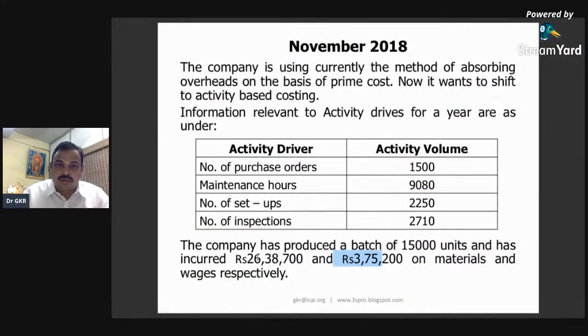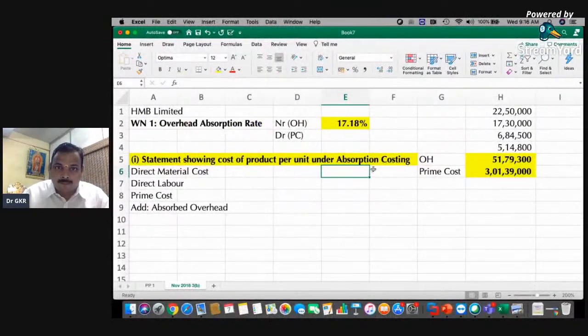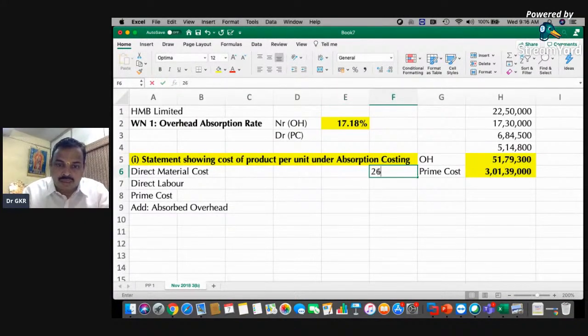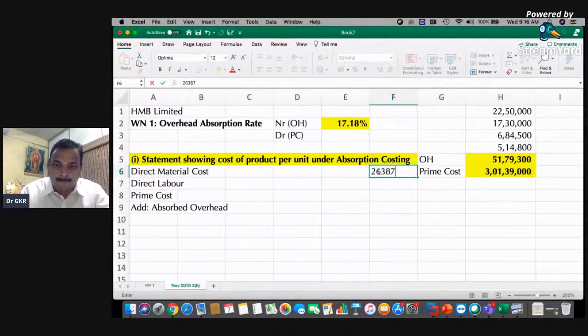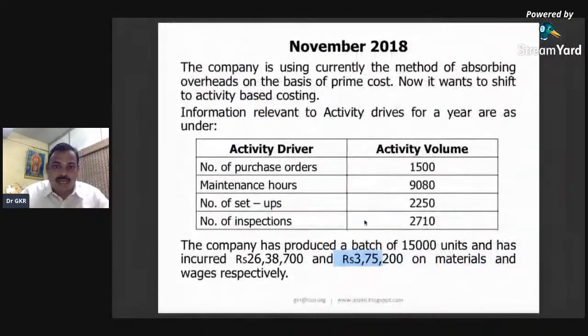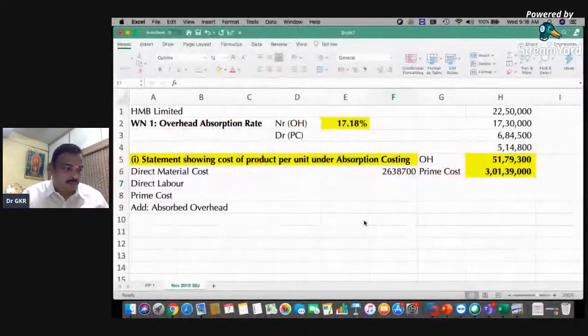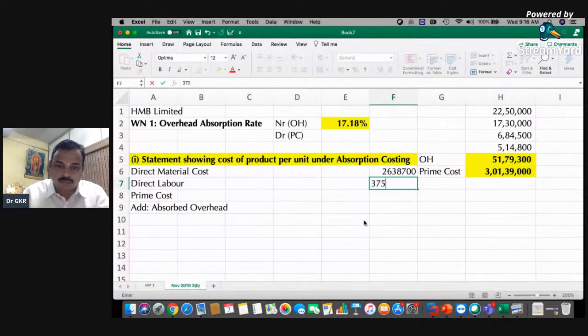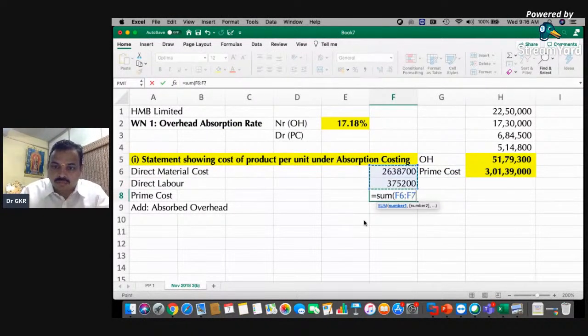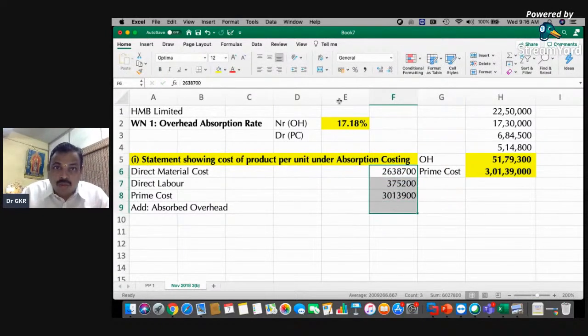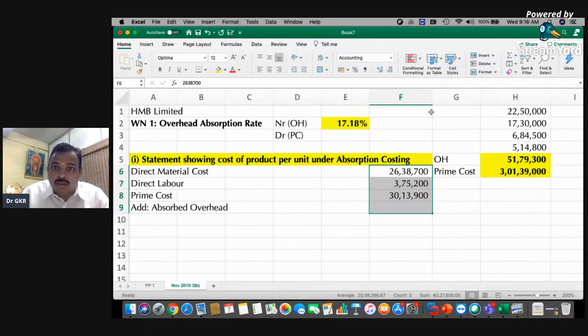26 lakhs 38,700. Direct labor 3 lakhs 75,200. Prime cost is the sum of this. Now what is your absorbed overheads?